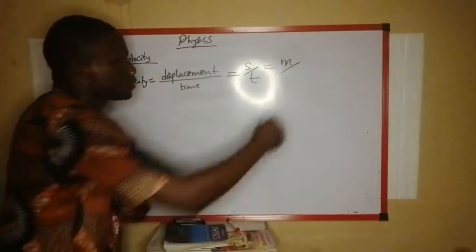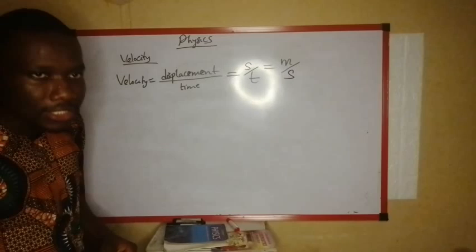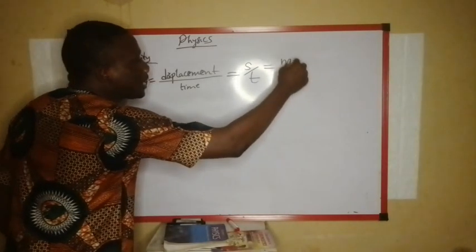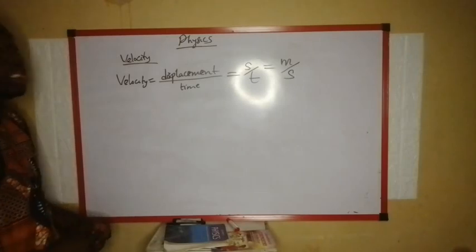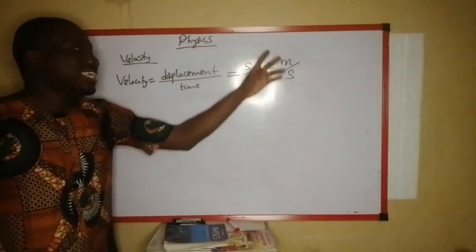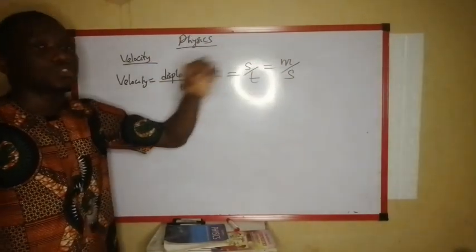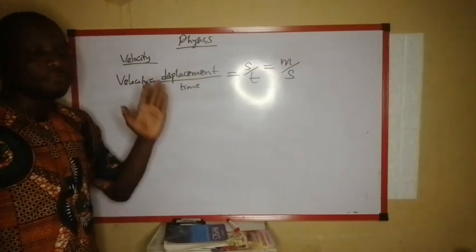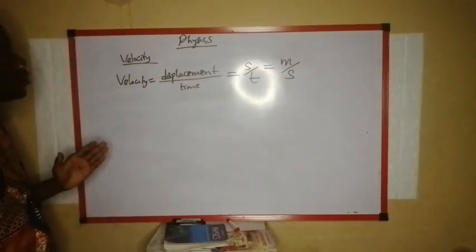Seconds. So the unit of velocity is meters per second. Take note of this point. The unit of velocity is meters per second.